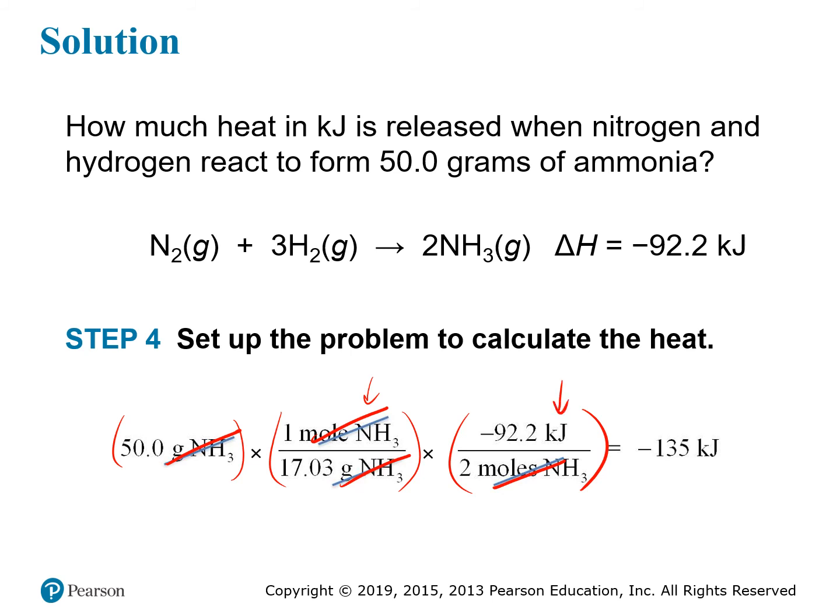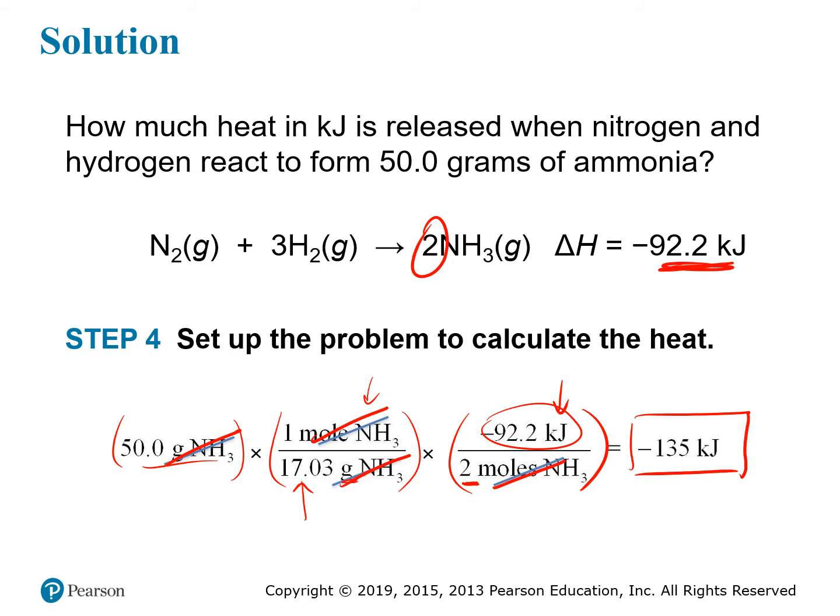And so we can just fill in the blanks, right? 50 grams of ammonia. The molar mass of ammonia is 17.03. That's what goes next to the gram unit. And then from the equation, we can see that 2 moles of ammonia, because there's a 2 here, releases 92.2 kilojoules of energy. And so when we do this calculation out, we get an answer of negative 135 kilojoules.